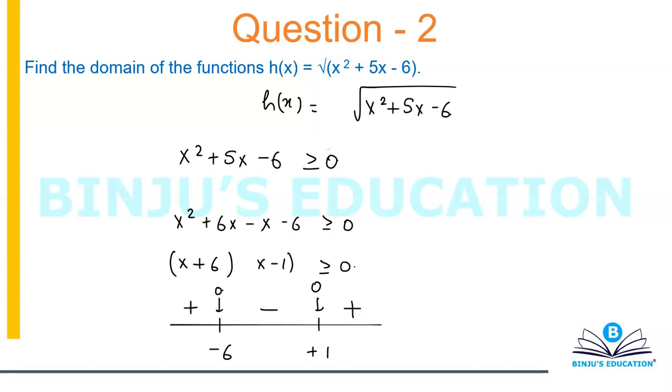That means my domain will be negative infinity to negative 6 union positive 1 to infinity. That would be your domain. You have to include negative 6 and positive 1 because root of 0 is 0.